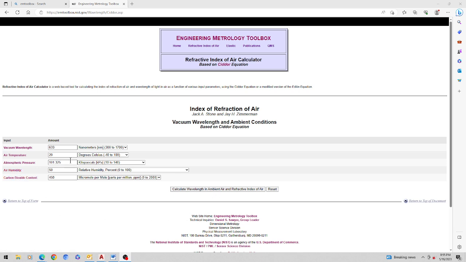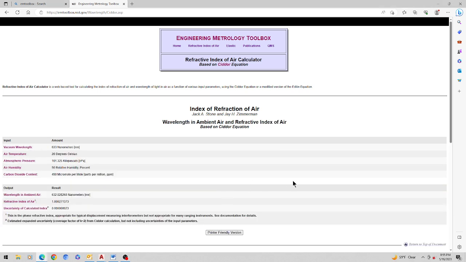After doing so, you can take all these values as they exist and ask for a calculation, and that calculation is going to give you the refractive index of the air for all of these parameters. And if you go back, you can write this down on a sheet of paper.